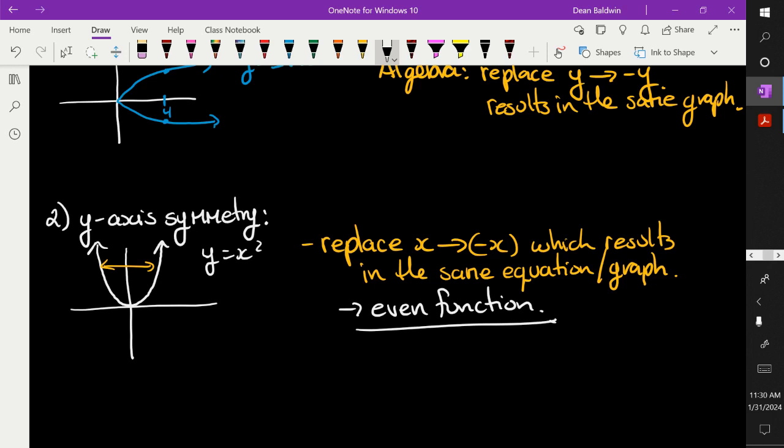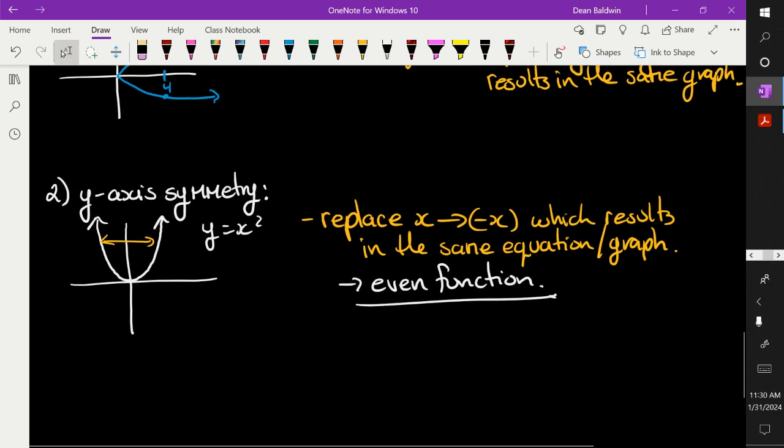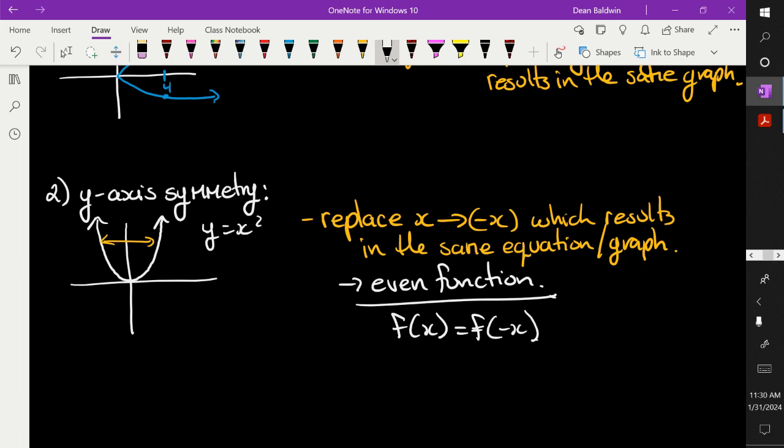The definition of an even function is f of x is equal to f of negative x, which is basically what we just said. If I replace the x's with negative x's and you get the same function, it is called even, which just means it has y-axis symmetry. So that's the test to see if a function is even, because you don't always have the graph.